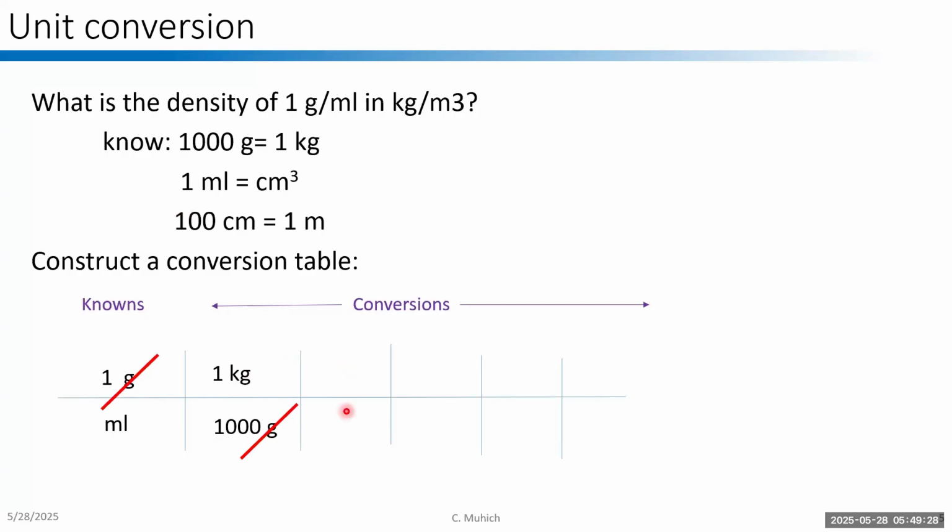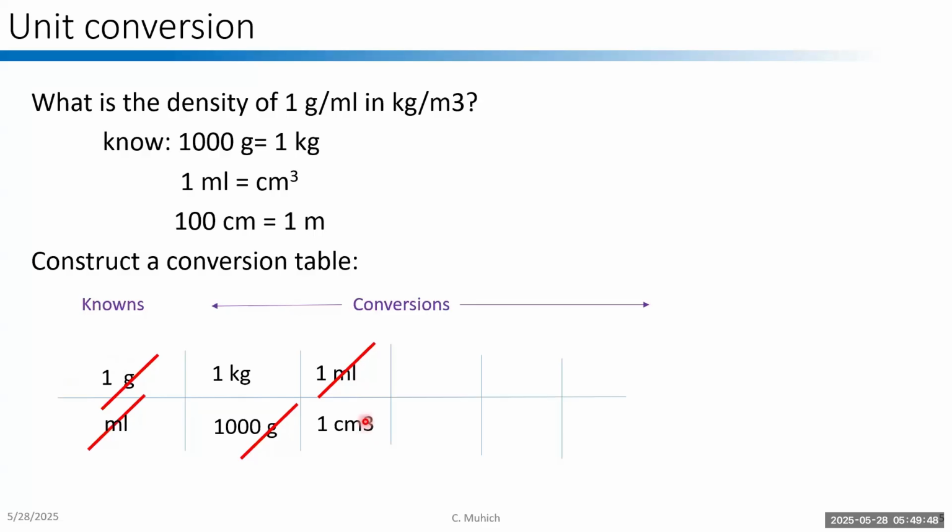I'm going to have milliliters up on top, centimeters cubed on the bottom. So 1 milliliter per centimeter cubed. Great. My milliliters cancel out. I'm now left with kilograms per cubic centimeter. We're getting closer.